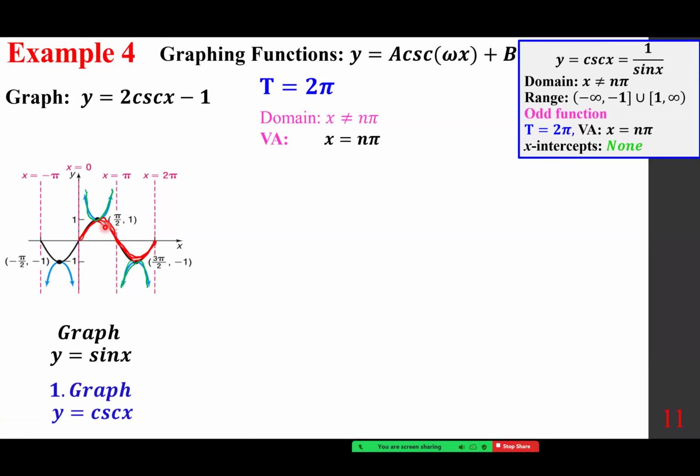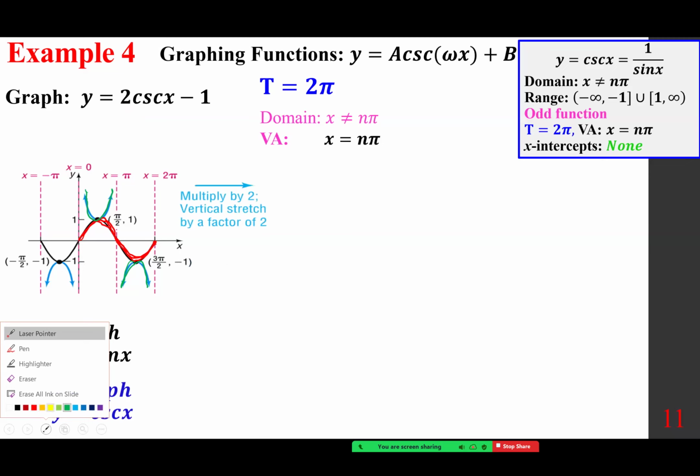And so this has coordinates pi over 2, 1 and 3 pi over 2, -1. So let's multiply this by 2. That means you stretch it vertically by a factor of 2. So this point, pi over 2, 1 becomes pi over 2, 2.